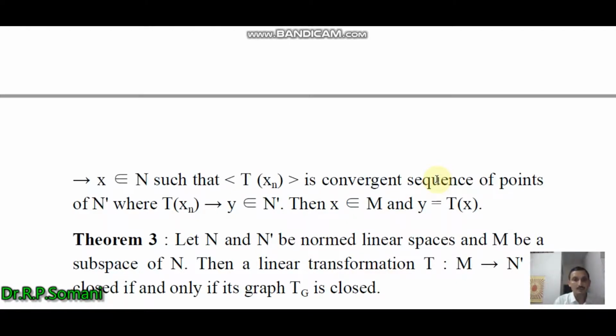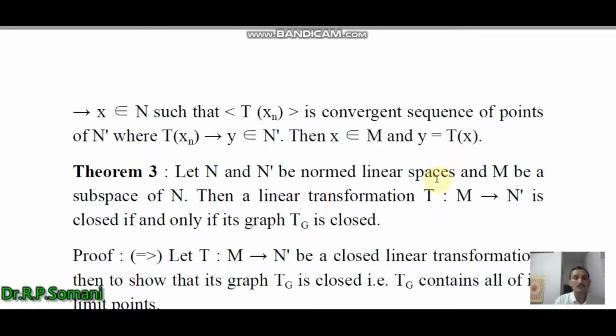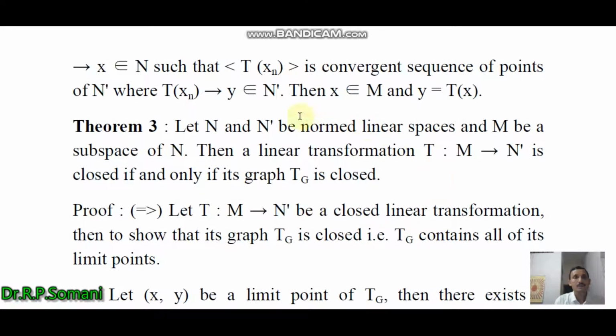For this closed linear transformation and the graph of the mapping, we have the following theorem.